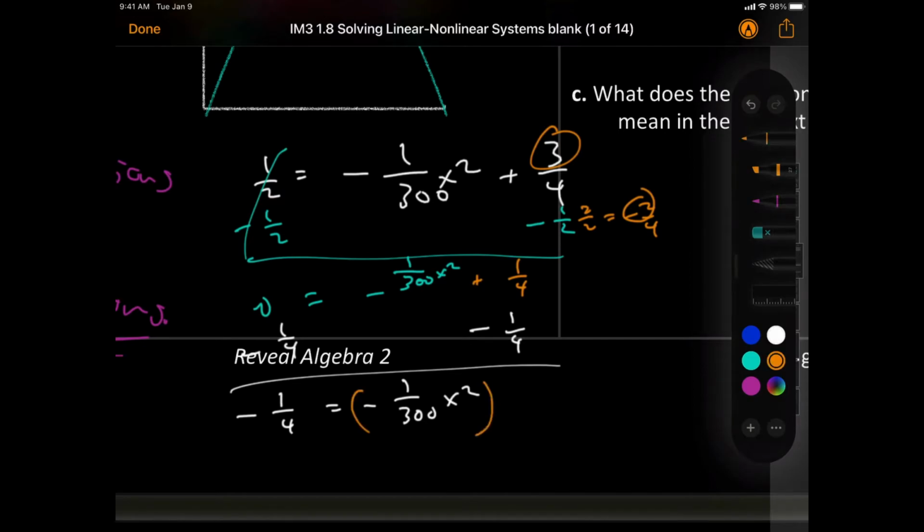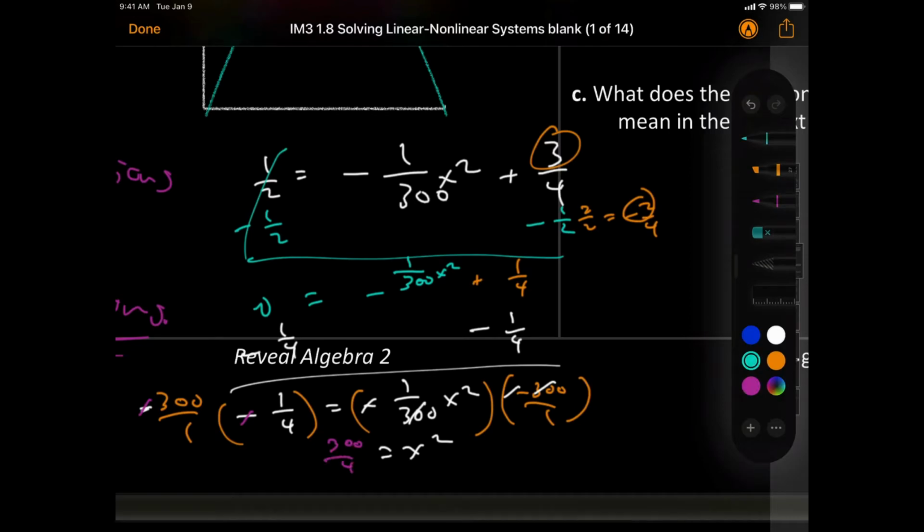Multiply by negative 300. Cancels, cancels, cancels, cancels. You're left with x squared. This will give you, oh, that was a negative. So cancels, cancels, 300 over 4.